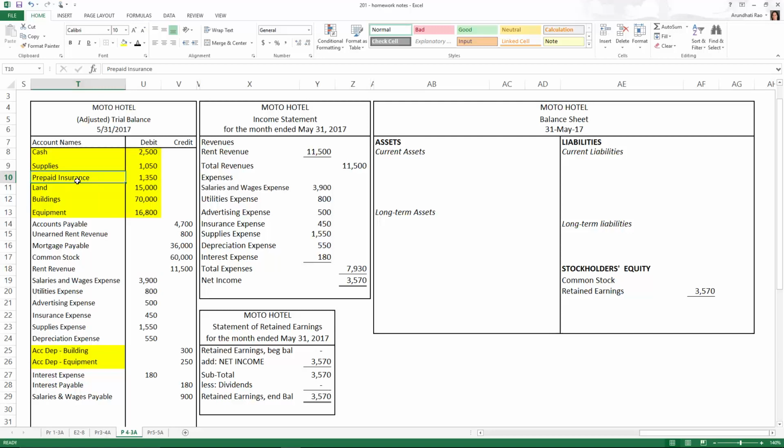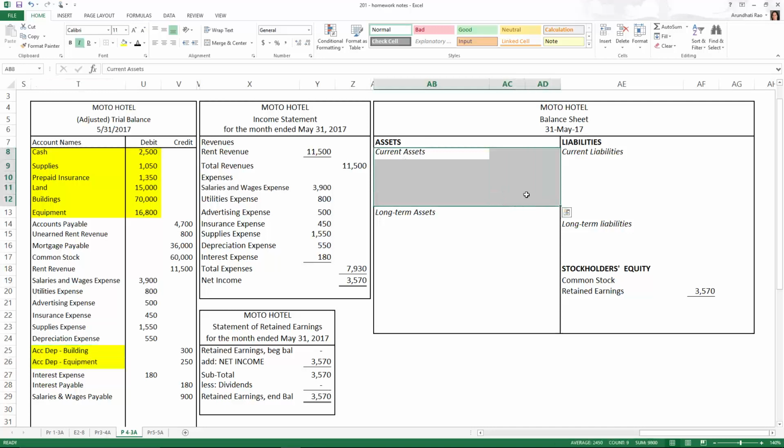So again, this one is going to be a current asset. Land, well, hopefully land stays with us forever. Building, definitely beyond 1 year. Equipment is also beyond 1 year. So these three assets are your long-term assets. They'll be listed under long-term assets, which means the contra assets will also be listed over here.